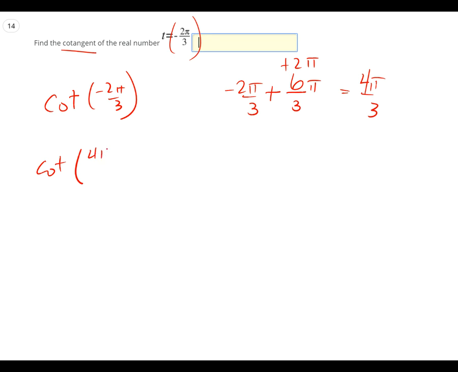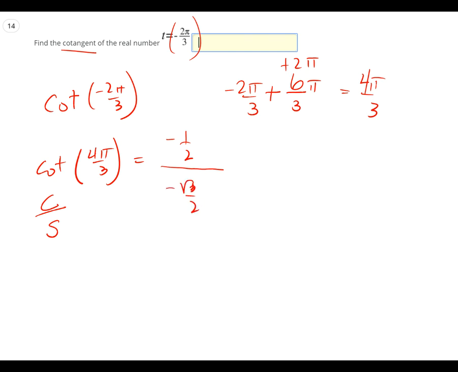So it's really the same as saying the cotangent of 4 pi over 3. What quadrant do we land in? Third. Okay, so third, and I want the cosine divided by the sine. So it's the cosine in that third quadrant. Good. And the sine is negative square root of 3 over 2.